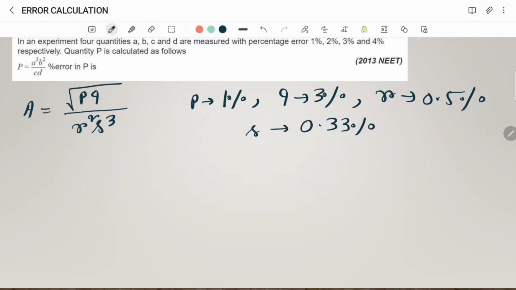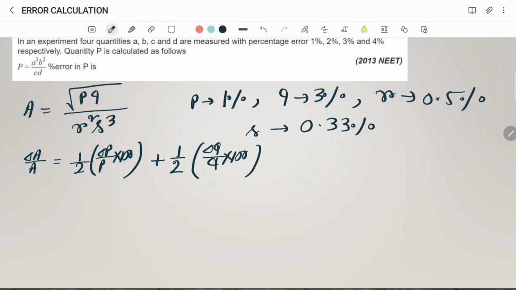We want to calculate the percentage error in the measurement of A. So the percentage error will come out to be P to the power half, meaning half into the percentage error in P. Q is also under root, so that means Q to the power half, and this is the percentage error. R has a power of square, so 2 into, and S has a power 3.